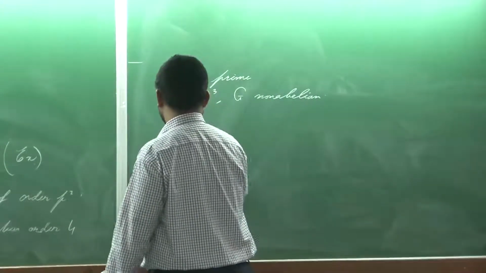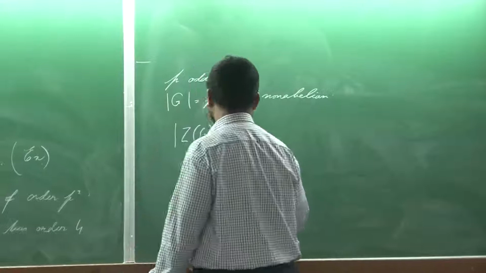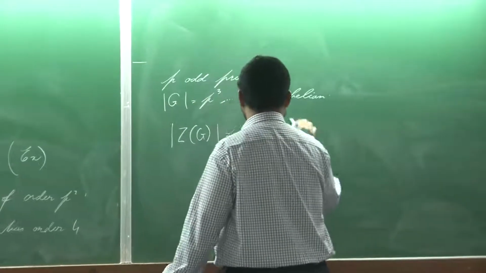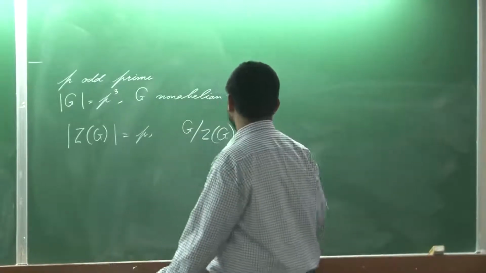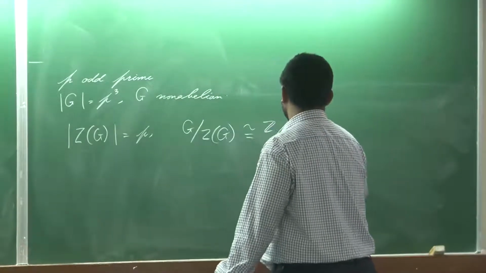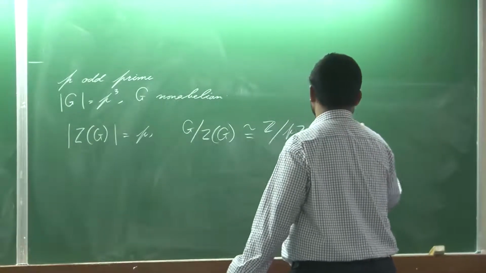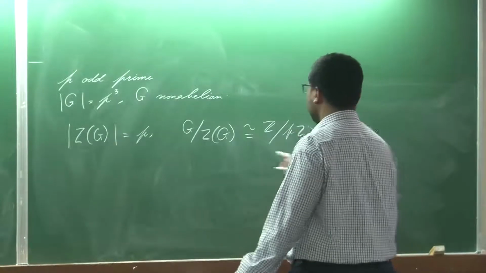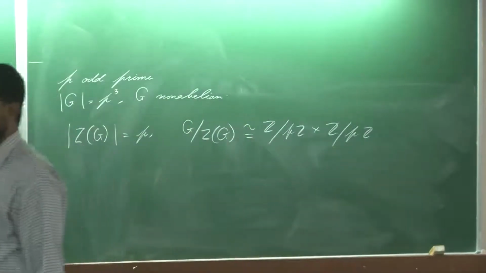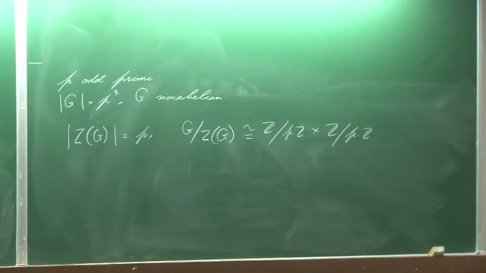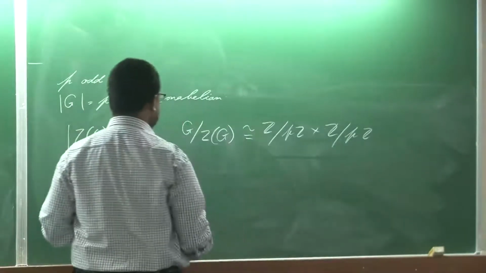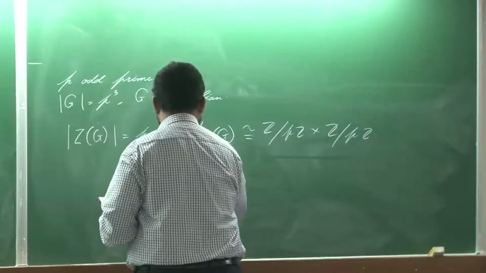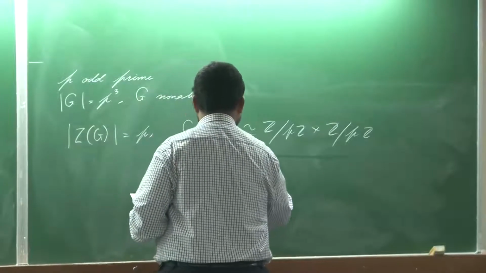So it forces that this has to have order P, and furthermore this must be Z modulo PZ direct sum Z modulo PZ, because the other possibility is Z modulo P square Z, but then again it becomes cyclic.